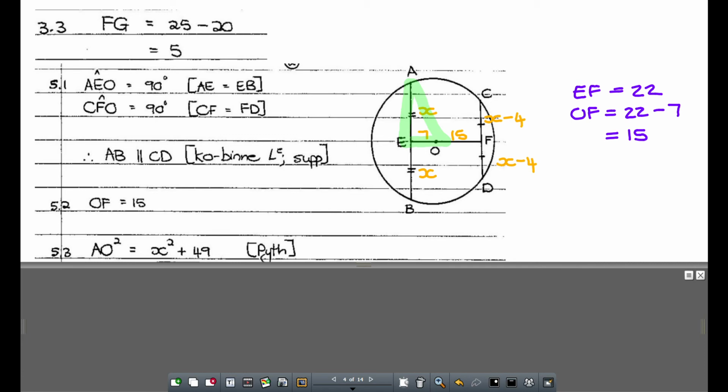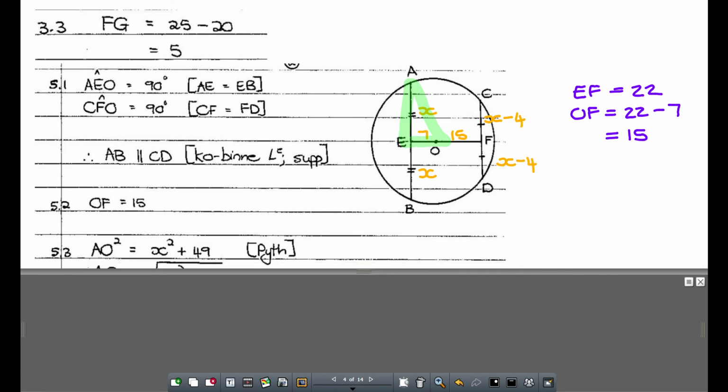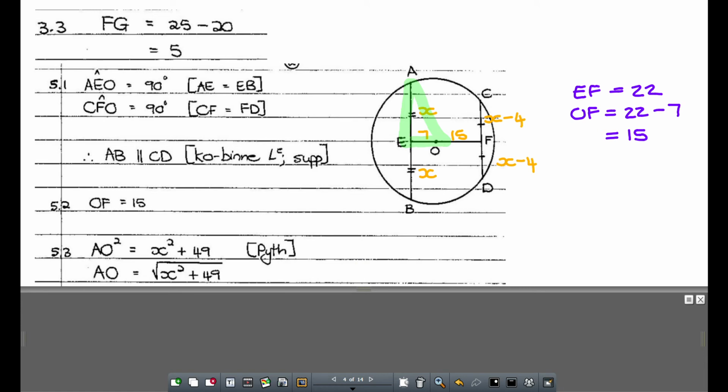Is julle reg? Goed, dan kon ek dit gaan vereenvoudig het. AO is dan nou vierkantswortel van X squared plus 49. People, you cannot go any further than that. Hoekom nie? Because it's 2 terms inside my square root. Is julle reg? Jy kan nie verder as daai gaan nie.